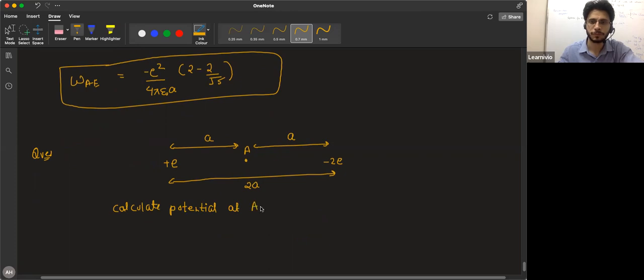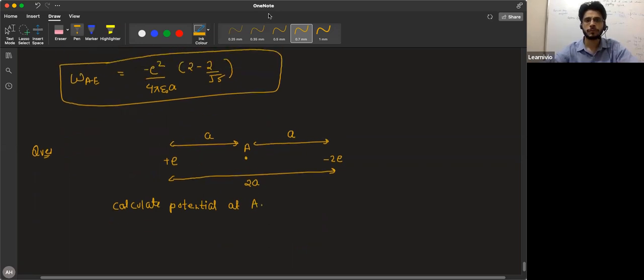Do it. See, this is a straightforward calculation. Calculate potential at A and write your answer in the chat room. Instead of 1/4 pi epsilon naught, you can write K. So the formula of potential for one charge will be KQ by R. I need the answer of each one of you.